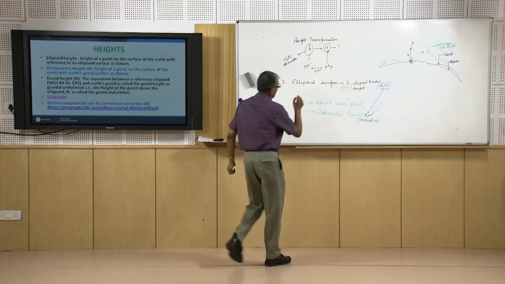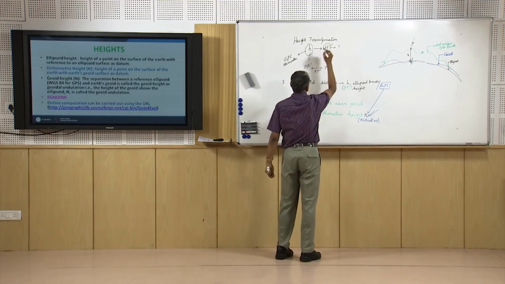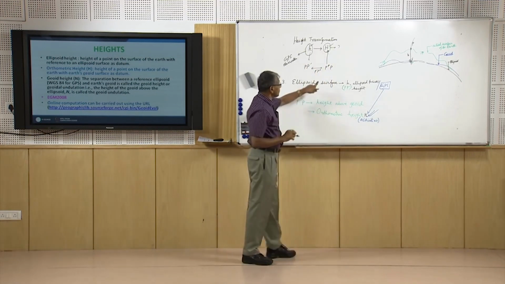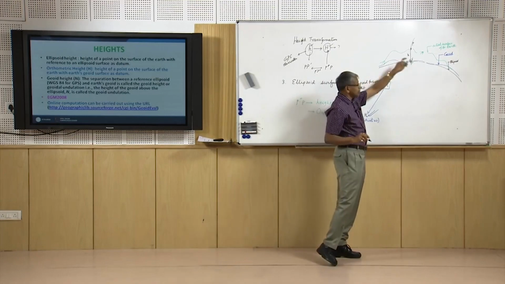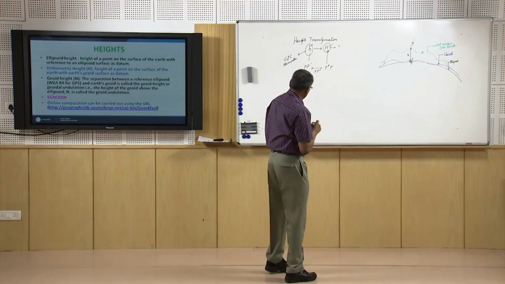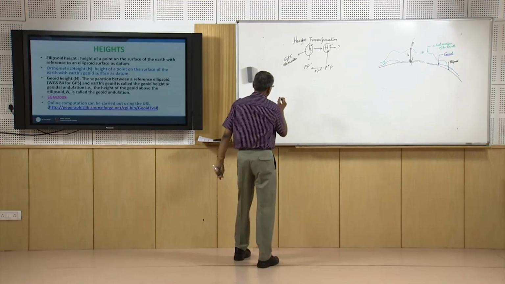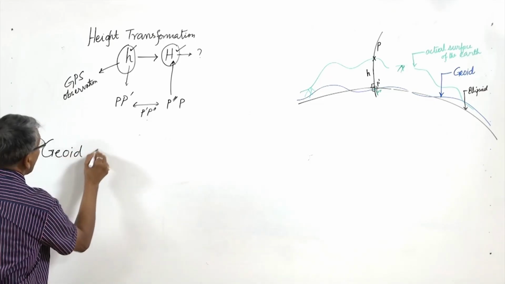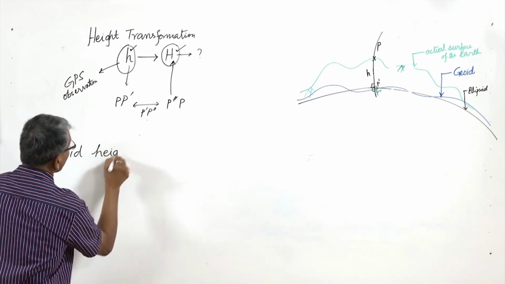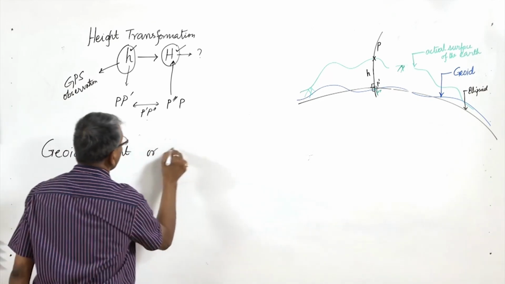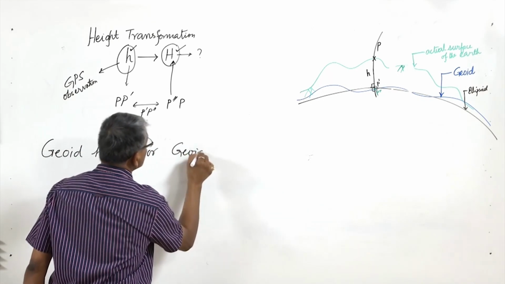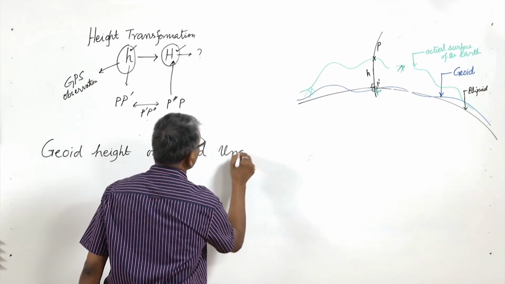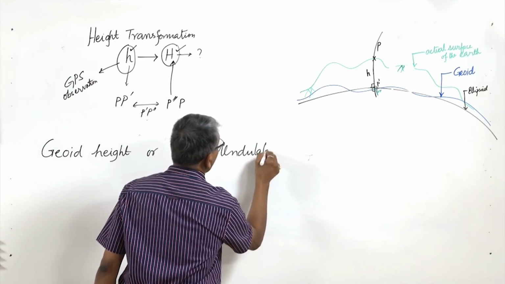If we want to find out capital H from small h, we need to know P dash P double dash. There is another type of height that is called geoid height or geoid undulation. This is another term.